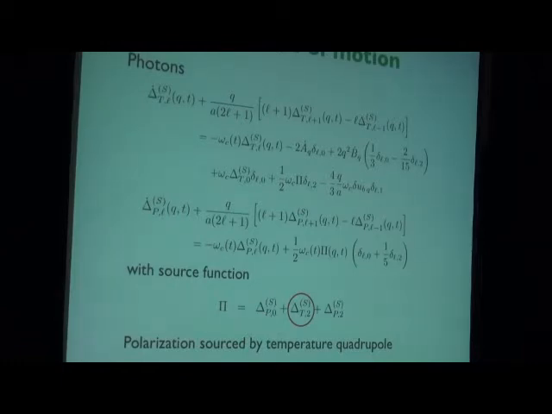So imagine you have a hotter region over here, and then some colder region, and you have an electron that sees this quadrupole. There will be unpolarized radiation hitting it from this way, from this place, and from this side, and the polarization will be perpendicular to the scattering plane.